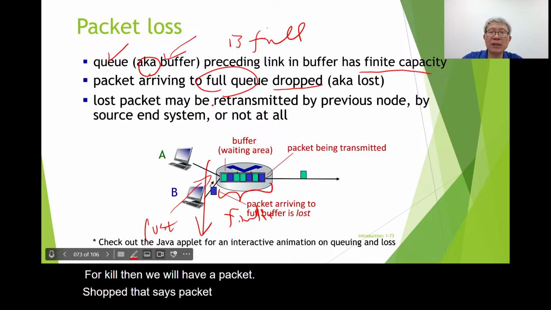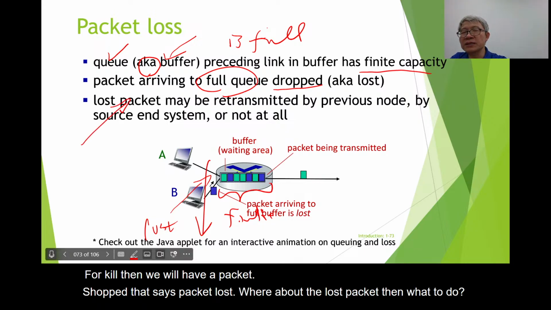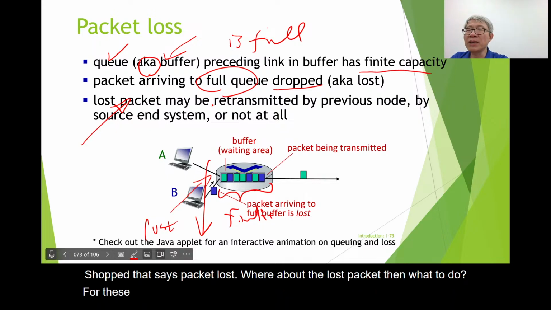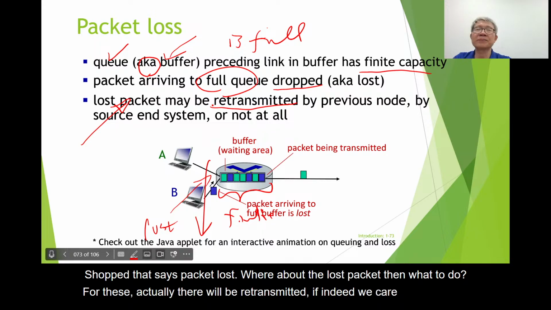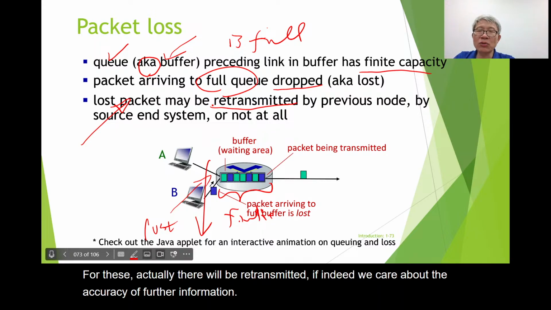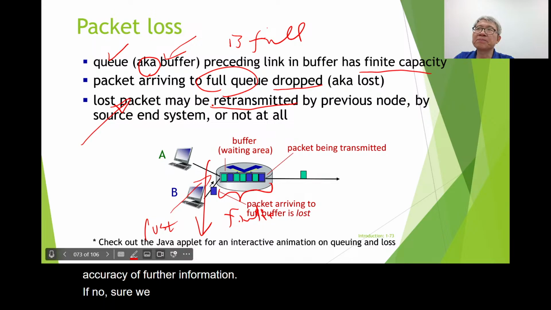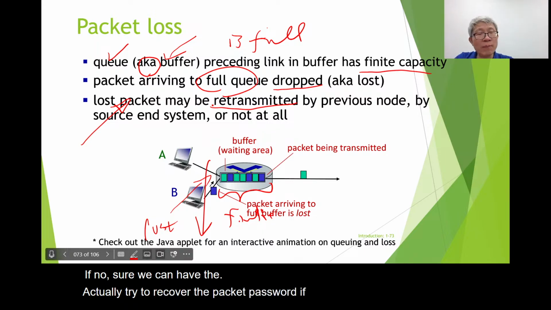About the lost packet, what to do? Actually, it will be retransmitted if indeed we care about the accuracy of the information. If not, sure, we can try to recover the packet possibly. If so, then it won't be necessary to retransmit it.